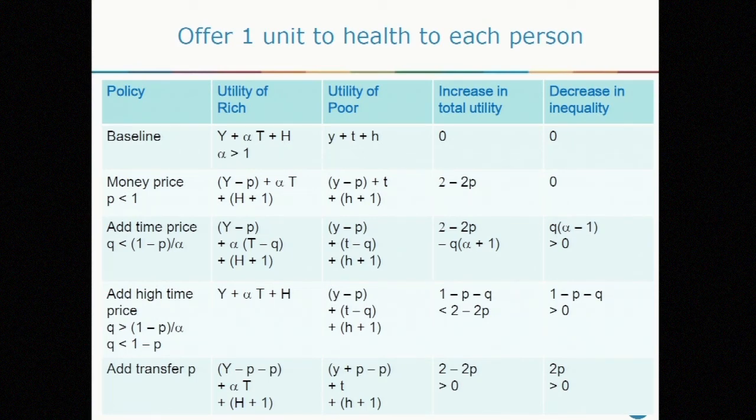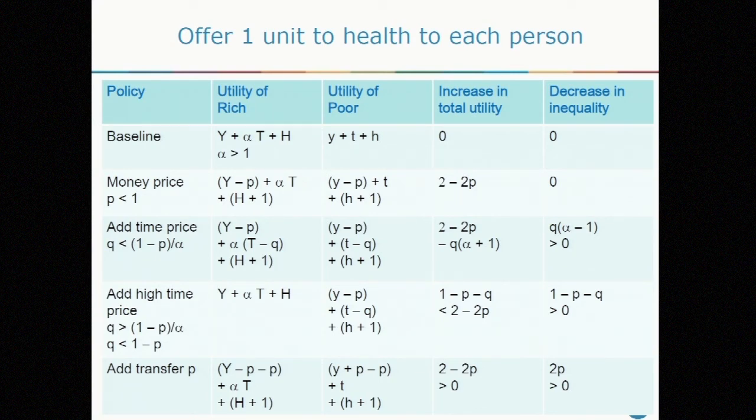Now I'm assuming you have to pay the money price because there's some cost of producing this health increment. We could add to that a time price, Q. And if Q is small enough such that both people will buy it, we see the rich person now has utility Y minus P plus alpha times T minus Q, Q being the time price, plus H plus 1. For the poor person, it's the same, except alpha doesn't appear.